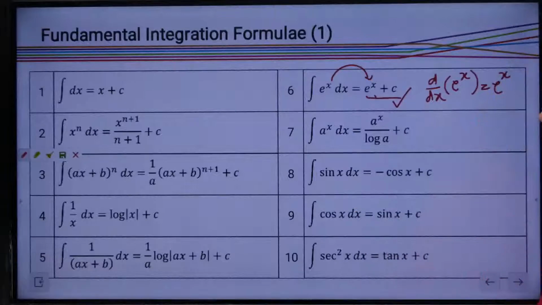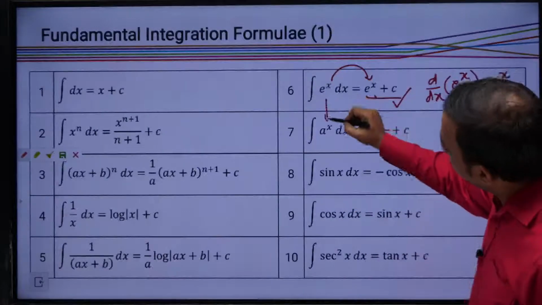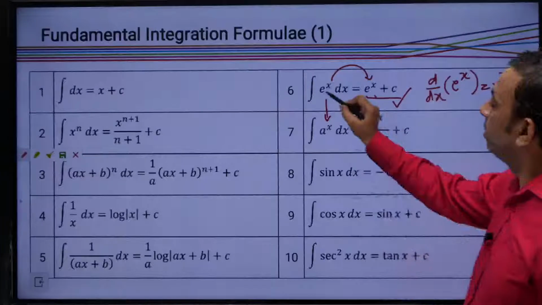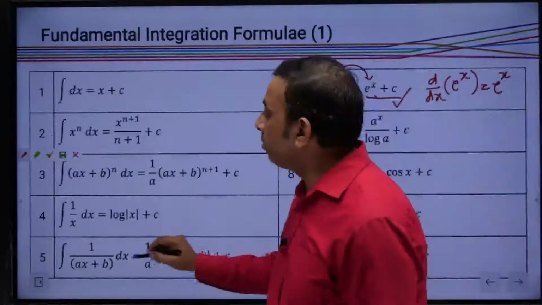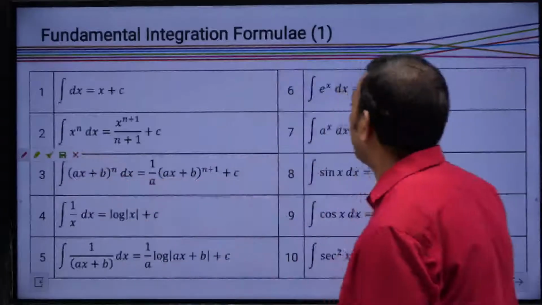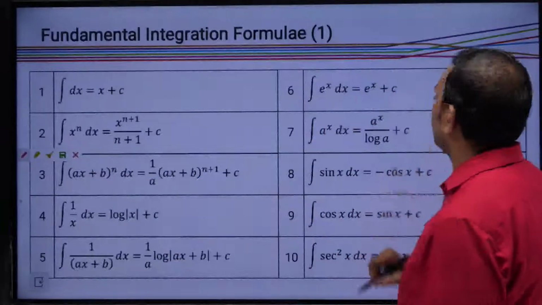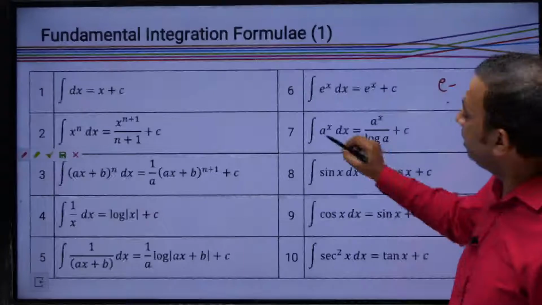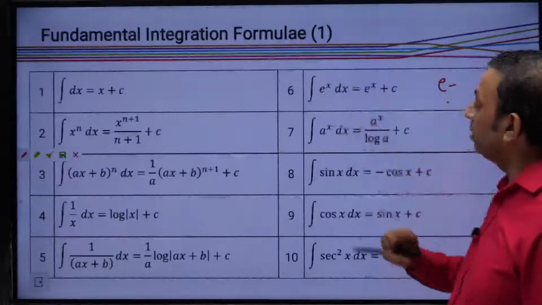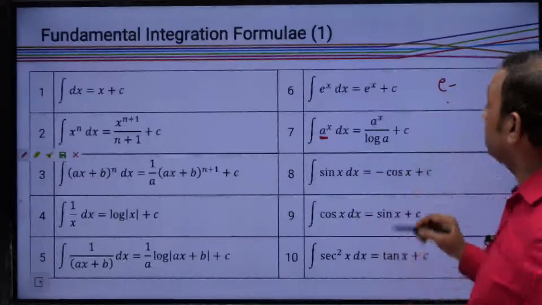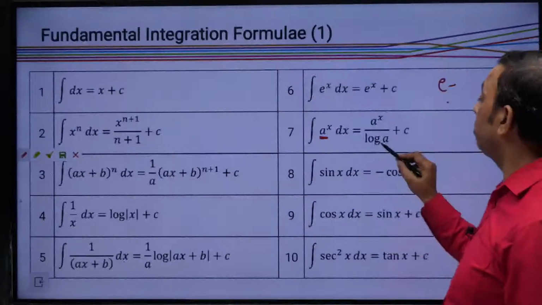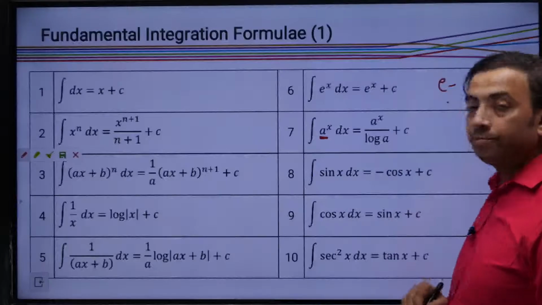Now, e is a special number in e to the power x, and we call it the Euler number. But if we have any number in this exponent, so this is my base for the exponent, a to the power x, in such a case the formula will be a to the power x upon log a plus c.